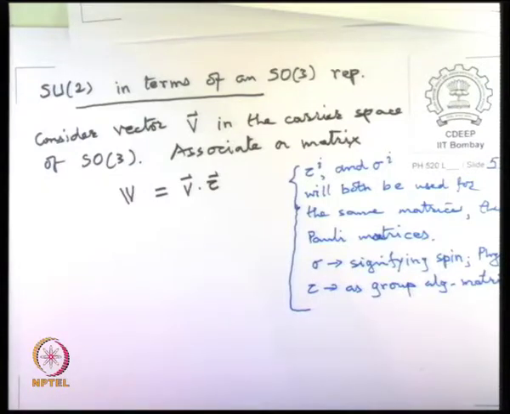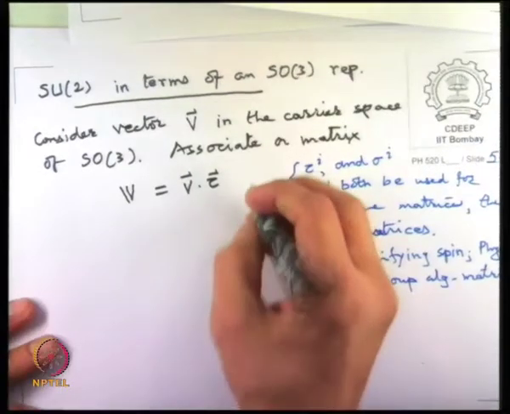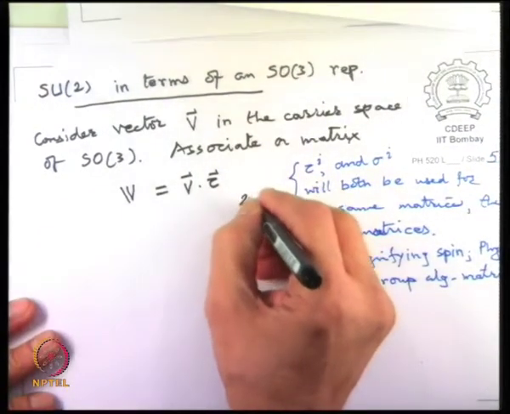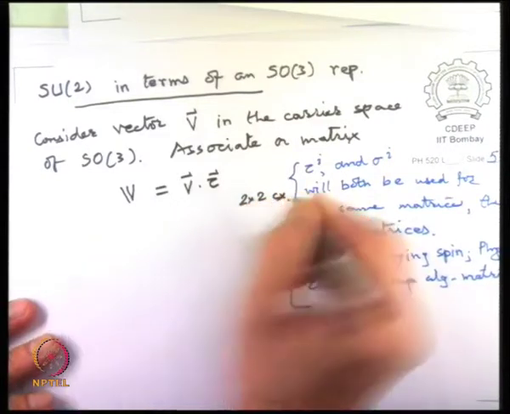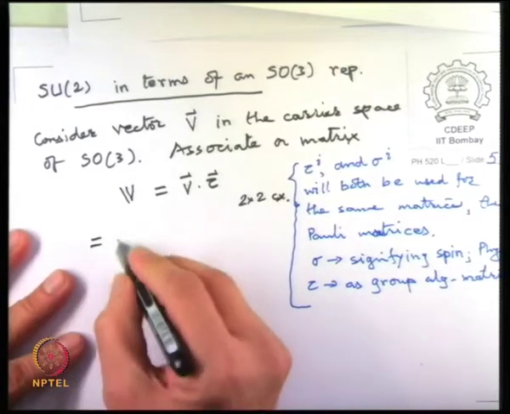So we define 2 by 2, of course 2 by 2 complex matrices, V made up of this. If you want, we can write this out in detail.